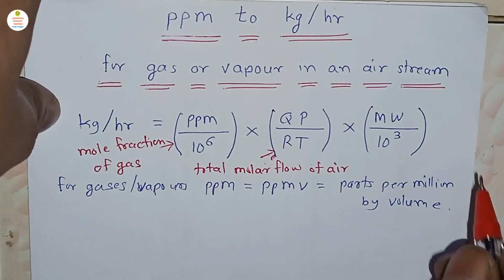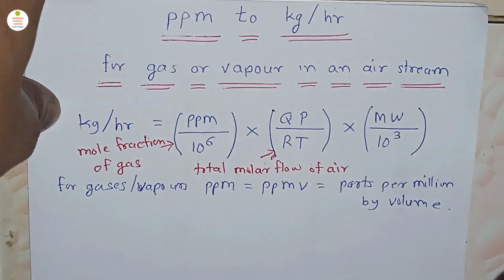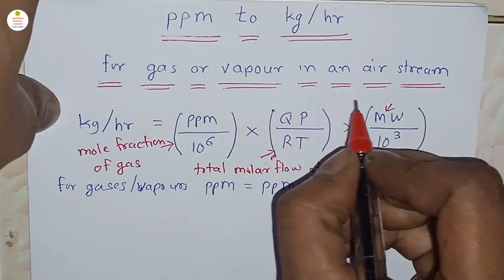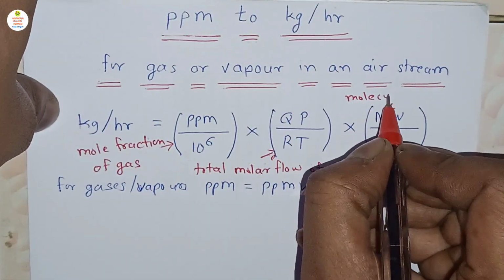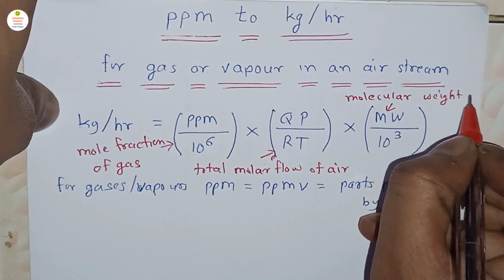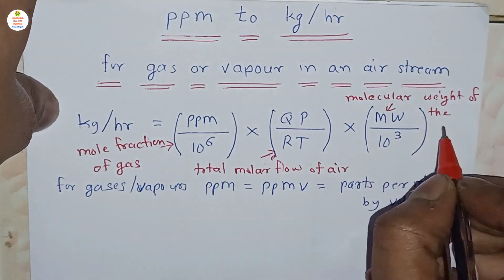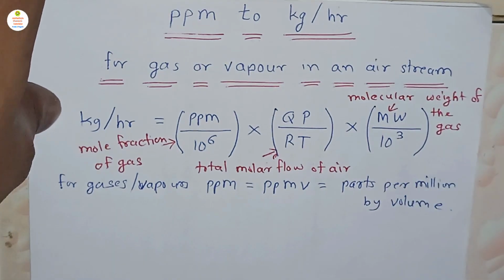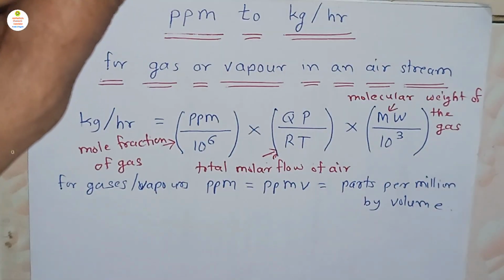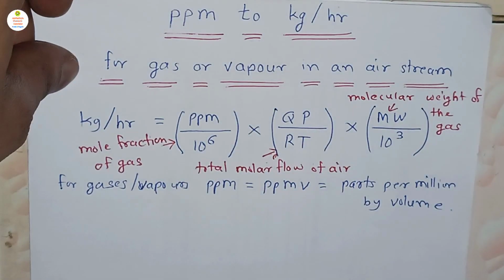Okay, and here Mw is the molecular weight of the gas. Okay, so I am here writing molecular weight of the gas. Okay, so this Q is the actual airflow in meter cube per hour.